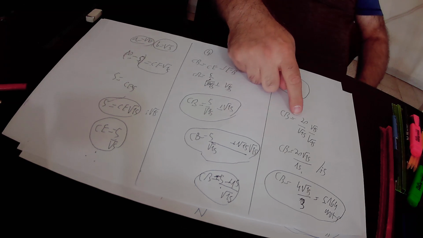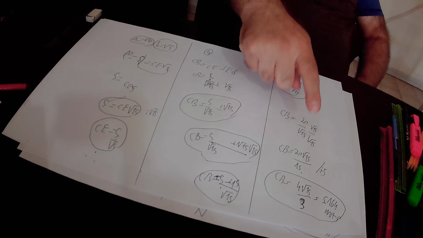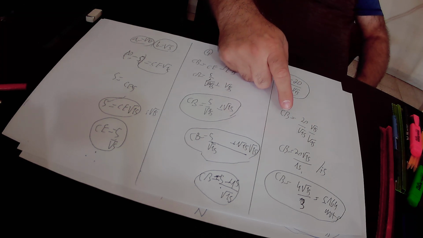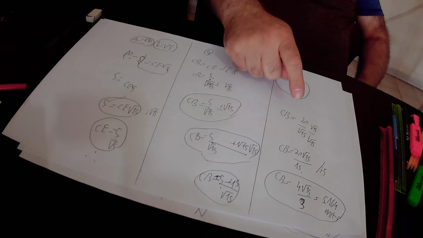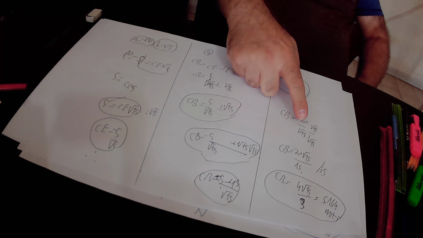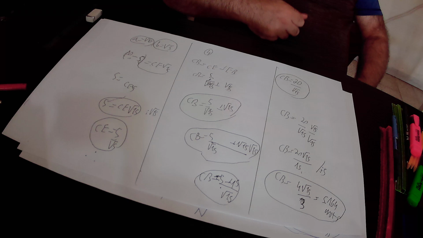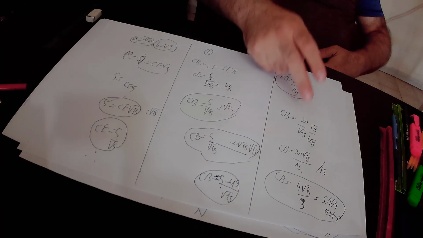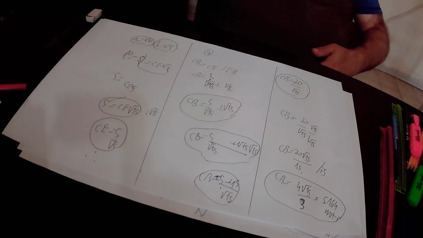We multiplied 20 over square root of 15 by square root of 15, and then divided by square root of 15. And we got that CB equals 20 times square root of 15 in the numerator, and in the denominator we have square root of 15 times square root of 15, that is 15. So CB equals 20 times square root of 15 over 15.